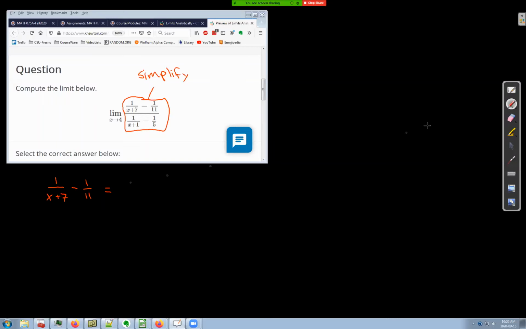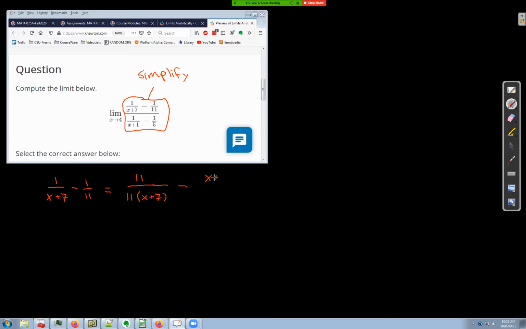So the way to write that as a single fraction is, well, you need to get a common denominator. And so I can get a common denominator by multiplying the first fraction by 11 over 11. So multiply the top and the bottom of the first fraction by 11. And then multiply the top and bottom of the second fraction by x plus 7.